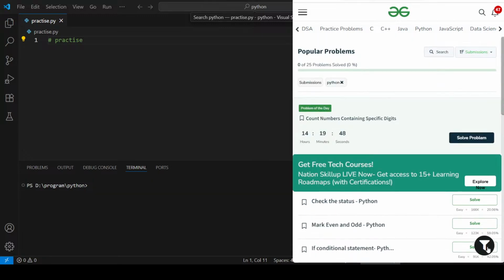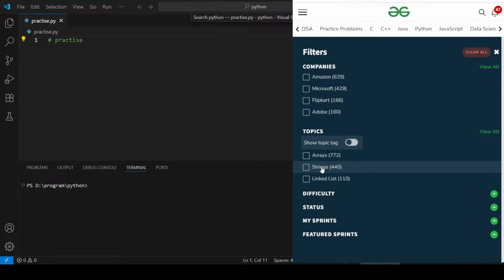Guys, I found the filter button. Filter is here. Let's choose Amazon and choose string.